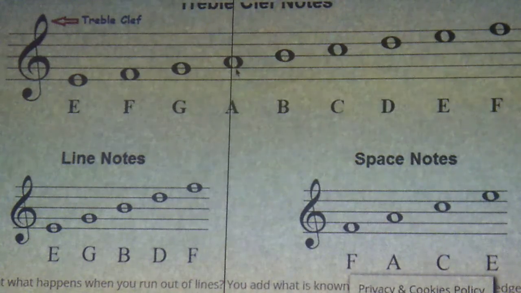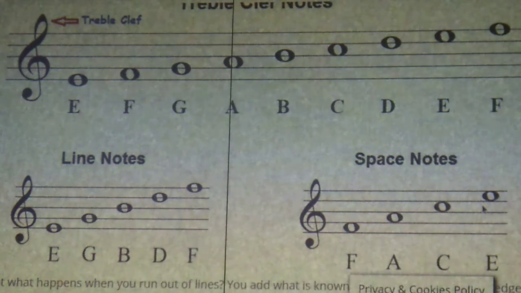So, once again, lines, there are 5, 1, 2, 3, 4, 5, and we use every good boy does fine. And here we are, every good boy does fine. And for our spaces, we just simply spell the word face. And the notes are F, A, C, E.